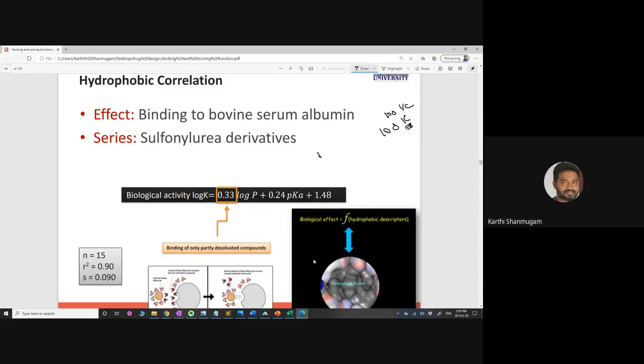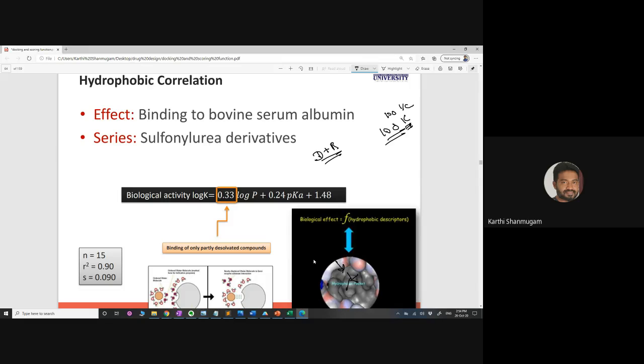So in this example, the drug molecule binds to the receptor, a hydrophobic pocket of the receptor where the drug molecule should go and bind, right? In this case, they have taken this dissociation constant as the biological activity. So they have taken log k as the biological activity.